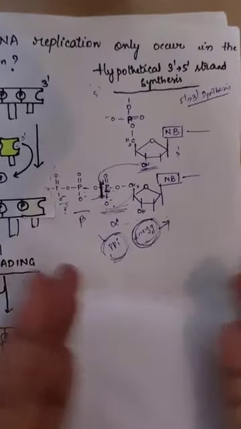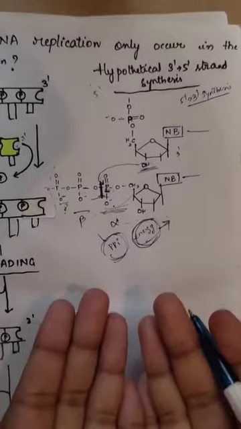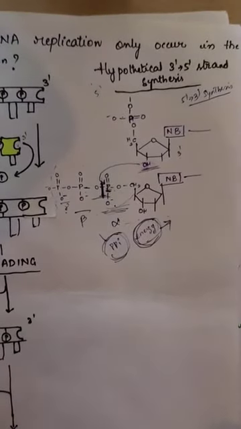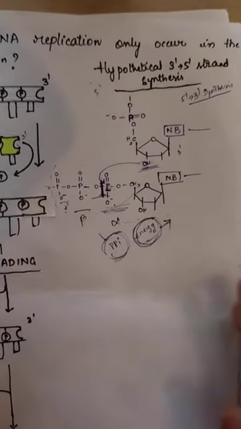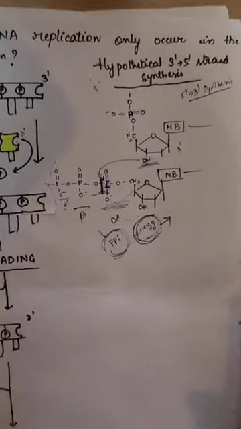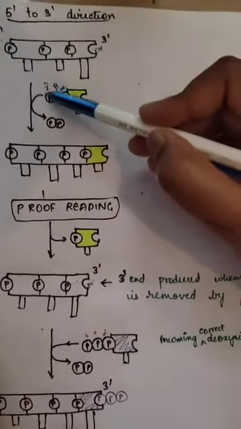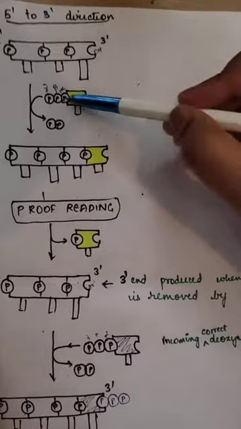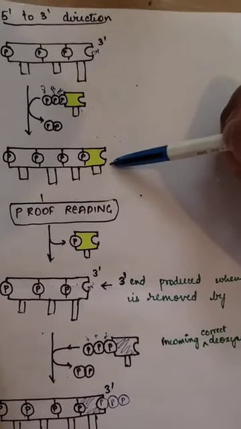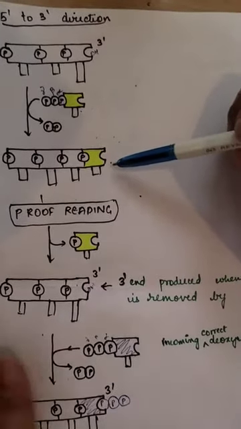Since the energy is released, this reaction is favorable. This is the energy which is the driving force for DNA synthesis in the 5' to 3' direction. Fine. So after the beta and gamma phosphates are released, this phosphate gets incorporated into the DNA strand.